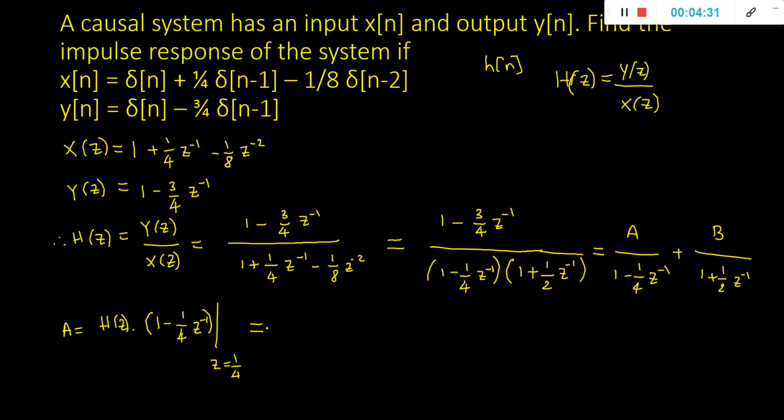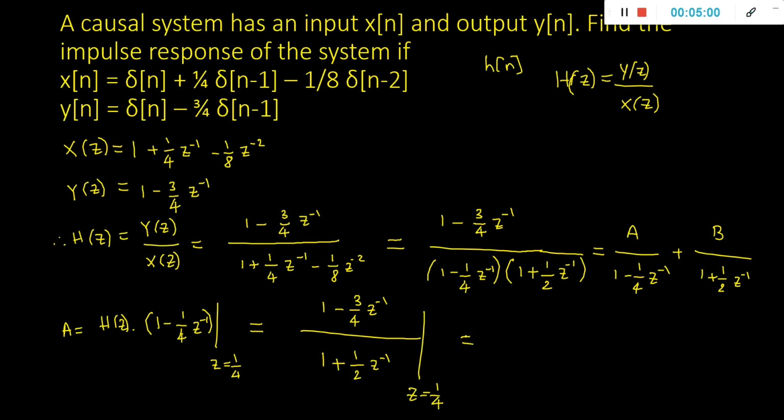So if I write it, h of z is given by this entire expression, right? So this getting multiplied by 1 minus 1 by 4 z inverse will get me the numerator as 1 minus 3 by 4 z to the power minus 1, divided by, in the denominator, 1 minus 1 by 4 z inverse, this term gets cancelled out. So I'm going to have only 1 plus 1 by 2 z to the power minus 1. Now this must be evaluated when the value of z is equal to 1 by 4.